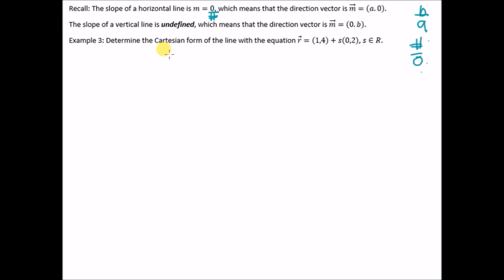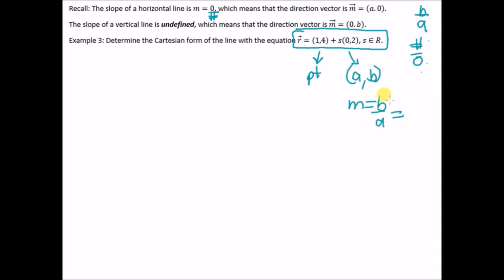Let's determine the Cartesian form of a line with this equation. We have a point on the line and a direction vector, or the slope. The direction vector is 0, comma 2, which is a comma b. We know our slope is b over a, so our slope is 2 over 0.